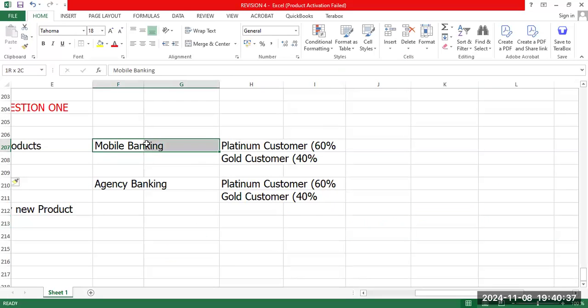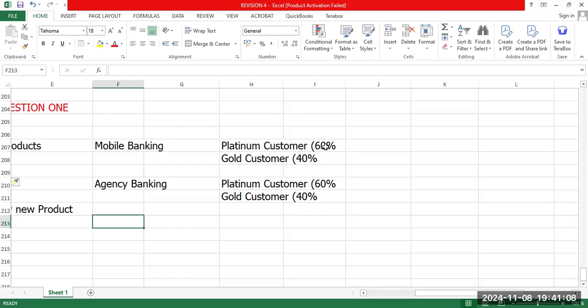Okay, let's move. You have introduced mobile banking, you have introduced agency banking. Now, you know the categories of customer, you know their corresponding probability. But you know that each category of customer, platinum customer, has some levels of earnings, income level.